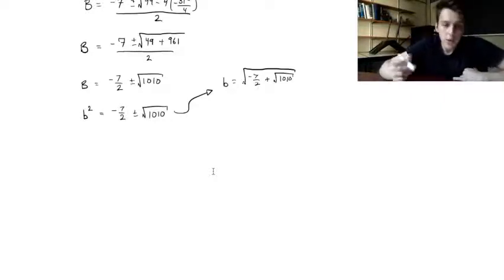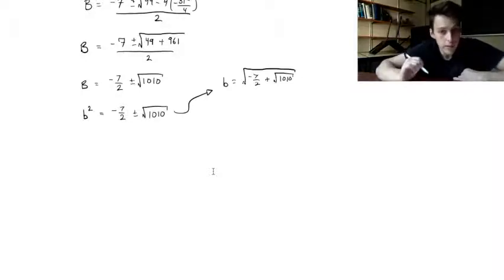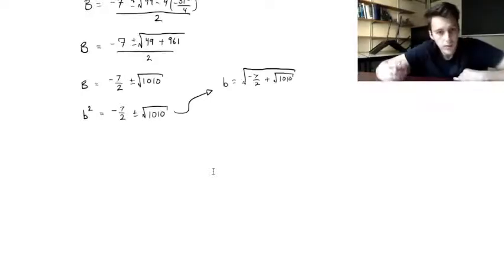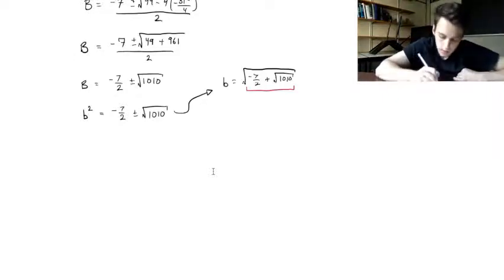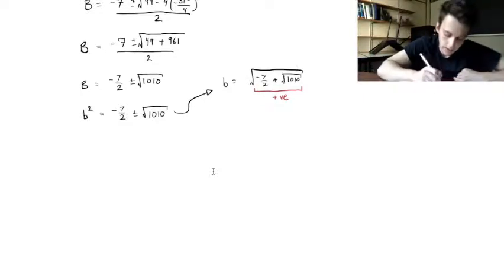And we know that the square root of 10,010 will be much bigger than 3.5 or negative 3.5, so that will result in a positive number underneath the root. This would be positive. And I forgot one thing as well: recall that b could be plus or minus the square root.